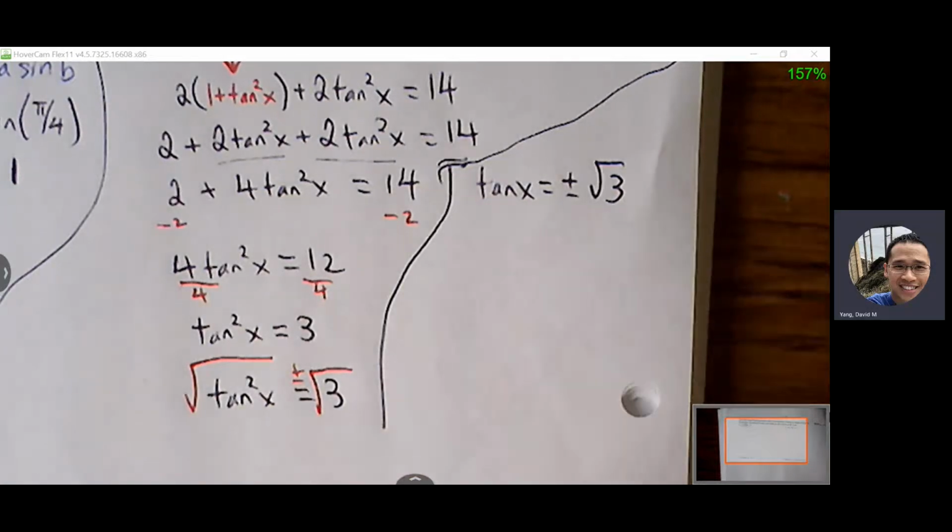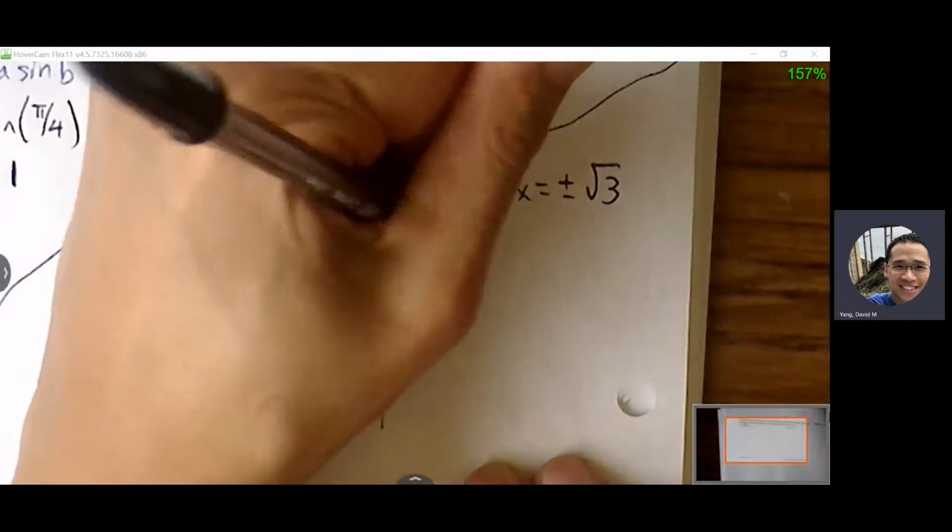Okay, so where's tangent equal to √3/1? Variations of what? Yeah, all four quadrants, right?